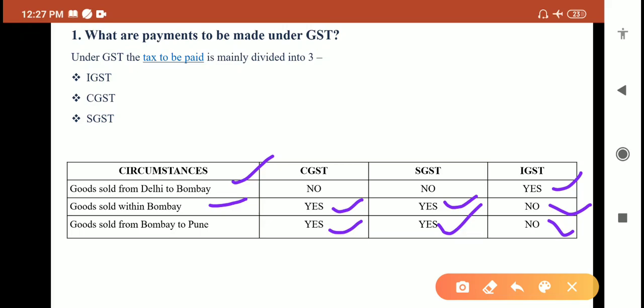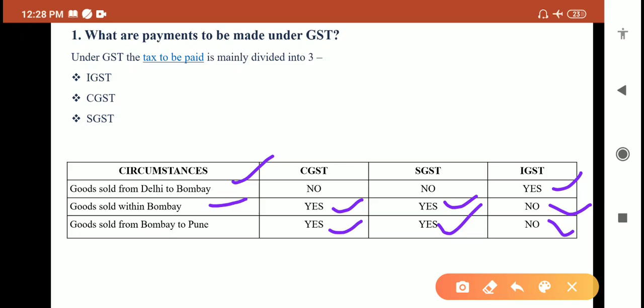So both CGST and SGST will be applicable in this transaction, because this is an intrastate transaction. In an intrastate transaction, the amount of GST will be split into CGST and SGST. SGST will be credited to the respective state government, and CGST will be credited to the central government.